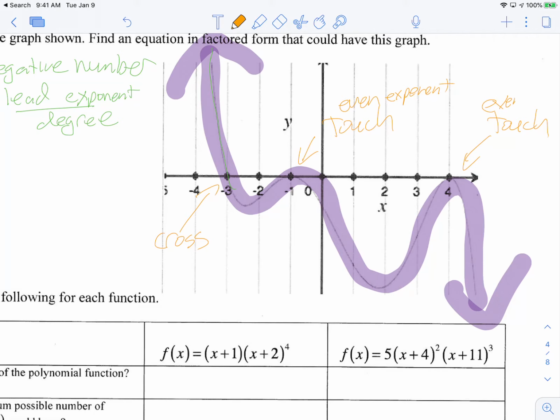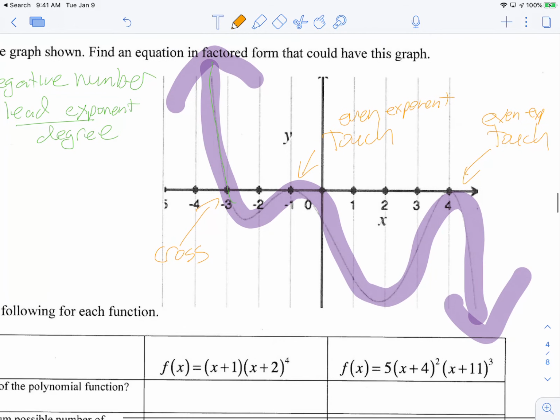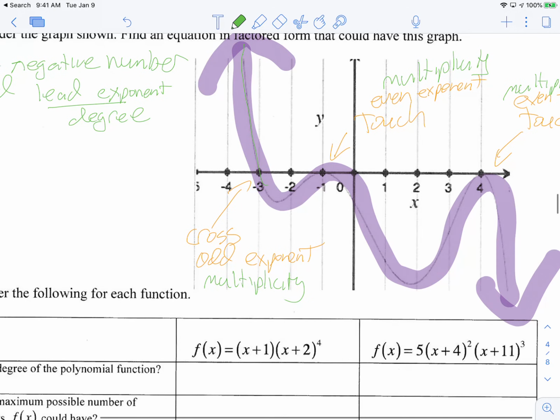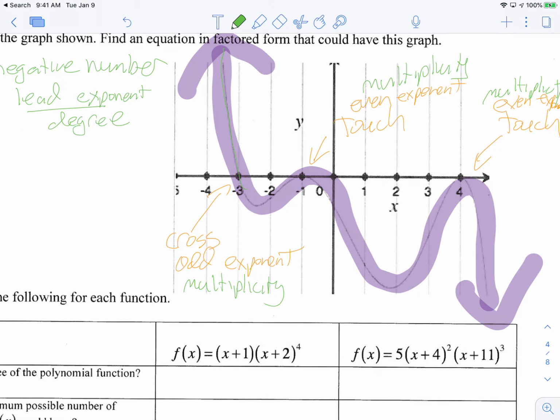Even exponent. Odd exponent. But remember, our fancy word for that was multiplicity. Okay, so we have an odd multiplicity, even multiplicity, even multiplicity.